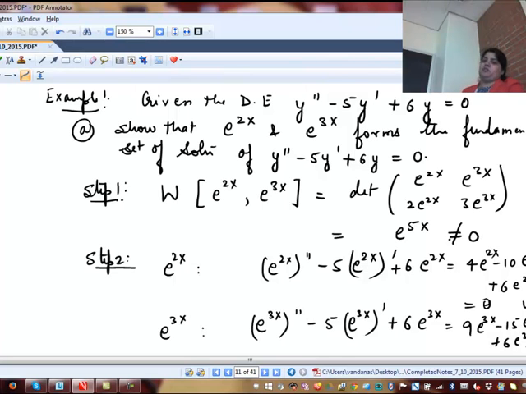And is this concept only for constant coefficients, or does it work with non-constant coefficients also? The fundamental set concept works for non-constant also. If you are able to find two functions which satisfy that differential equation and the Wronskian is non-zero, then they will form a fundamental set. And this concept is in the context of what kind of differential equation?